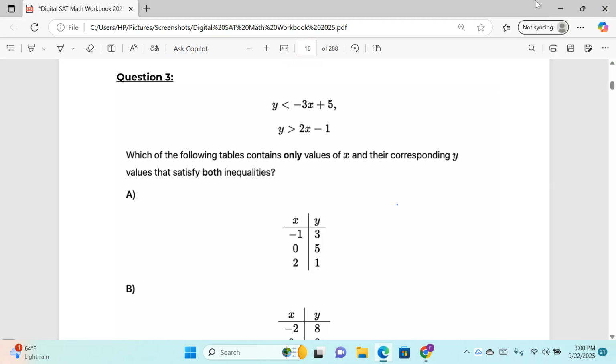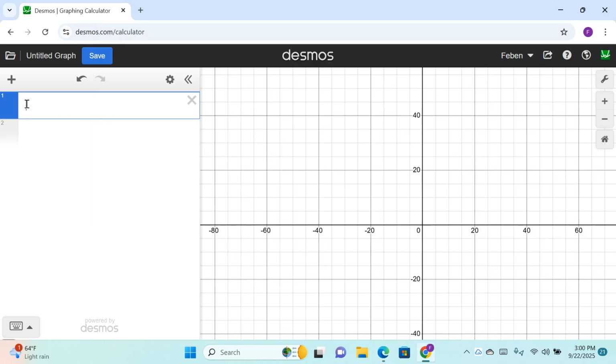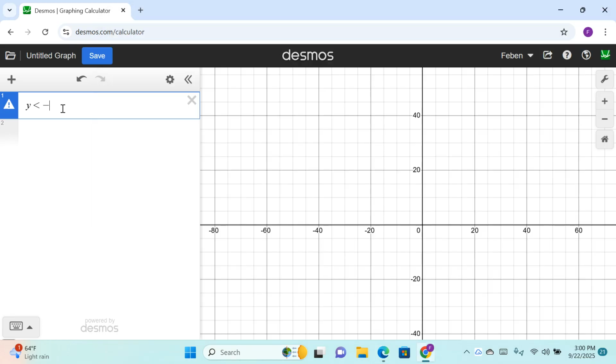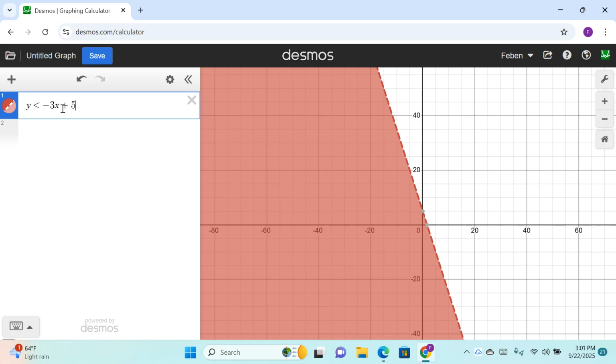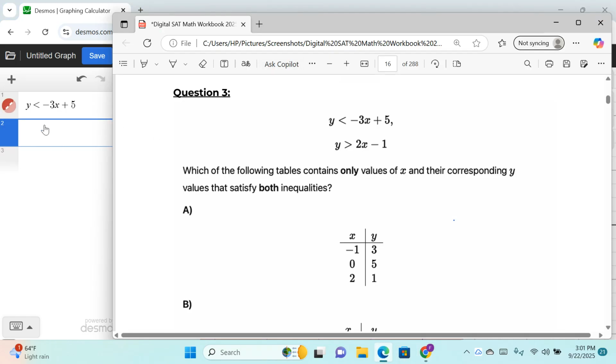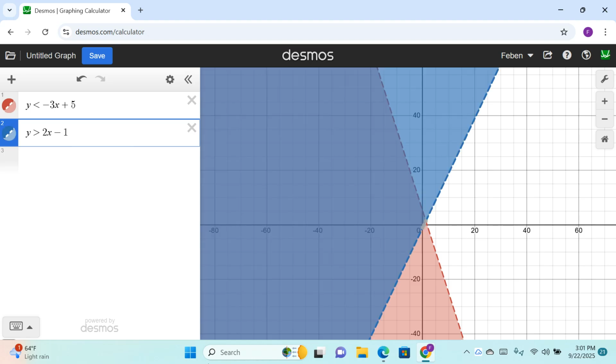Our first inequality is y less than negative 3x plus 5, and the second inequality is y greater than 2x minus 1.